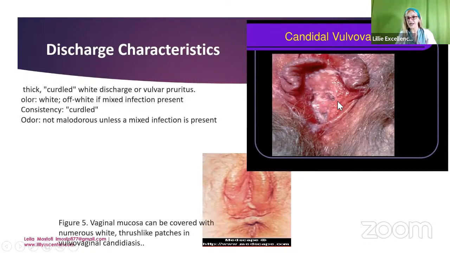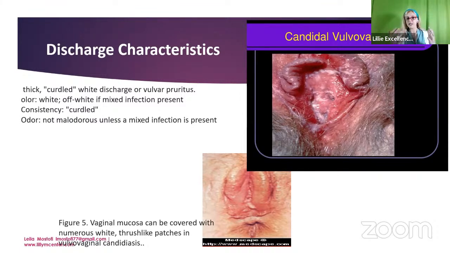These characteristics of discharge are very important. As you see, it is thick, curd-like white discharge with vulvar pruritus. The color is white, as you see here, even off-white if a mixed infection is present, with a consistency that is curdled.